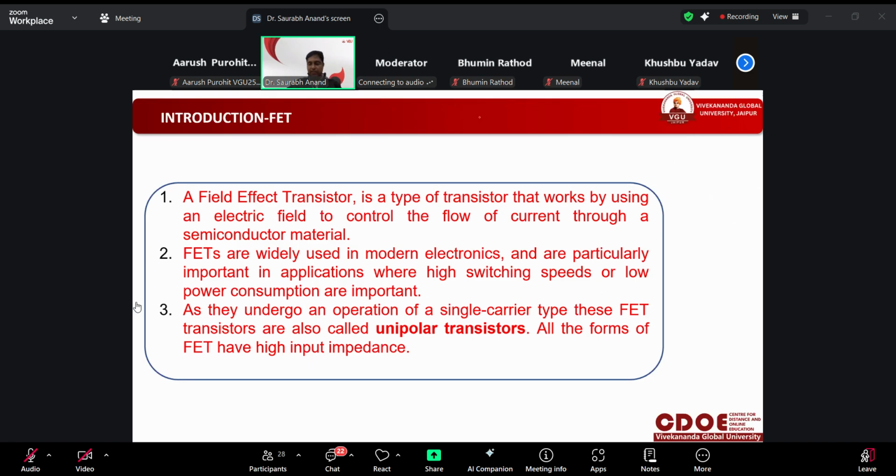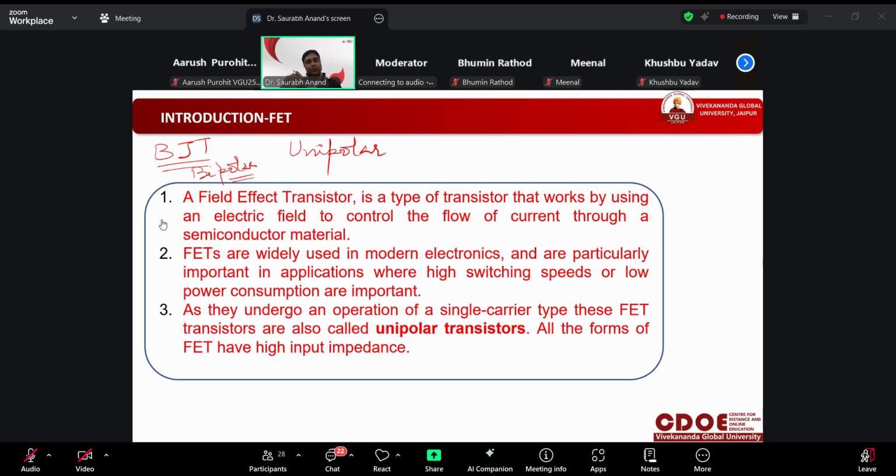Now we have another type of transistor that is actually unipolar. The transistor that we studied was the BJT, bipolar junction transistor, right? Bipolar means the conduction is due to both electrons and holes.